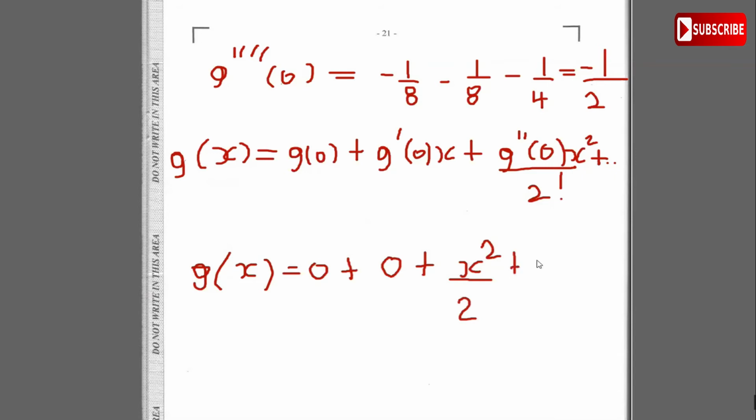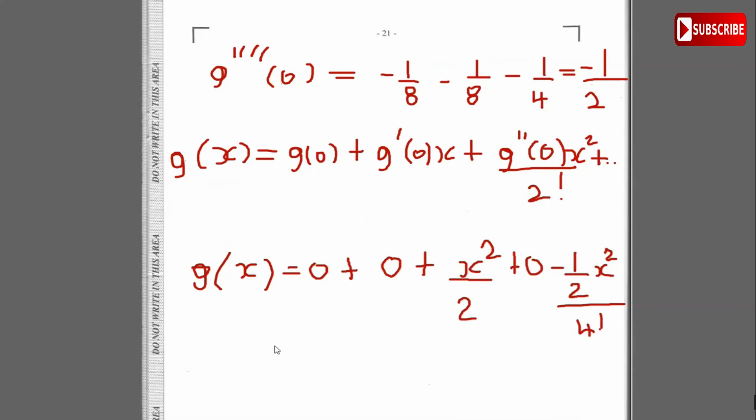plus g triple prime, which is going to be 0, plus g quadruple prime, which we found to be minus a half. So instead of writing plus, let's put minus 1 over 2 x squared. This is, of course, being divided by 4 factorial.